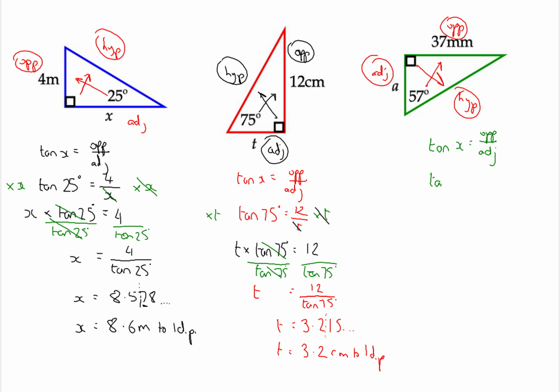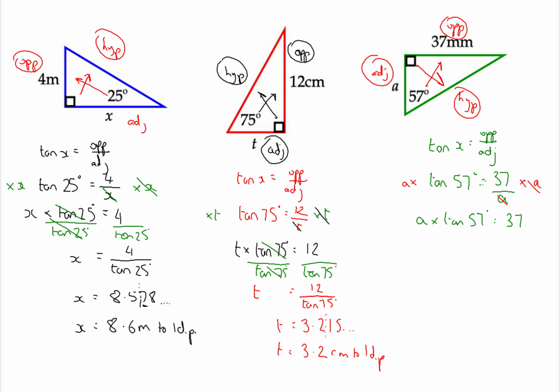Fill in the angle that's marked as 57 degrees, and from our triangle, opposite is 37 millimeters, and the adjacent is the letter A. We're dividing by A here, so that means we've got to multiply by A on both sides, so that they will cancel to 1. I'm using green. So what have I got? On the left hand side, A times tan 57 degrees is equal to 37.